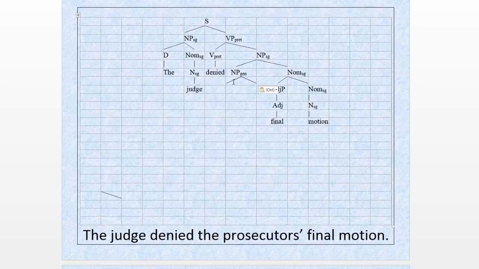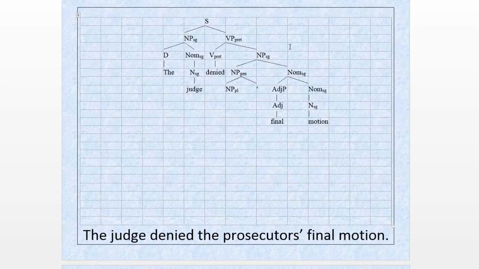Okay, so here we have the prosecutors' final motion. All right, note that the prosecutors is plural. So the genitive, instead of even taking on the form apostrophe s, is just an apostrophe here. And that's plural.